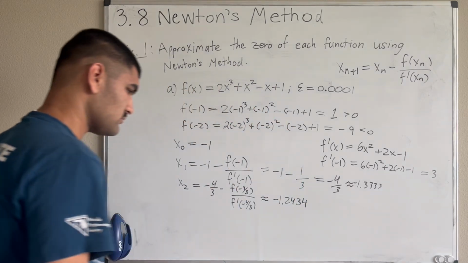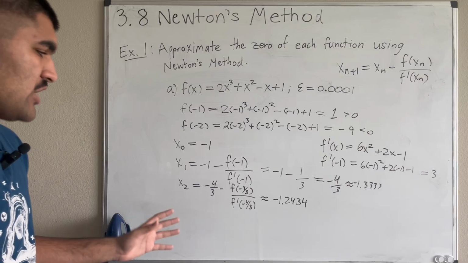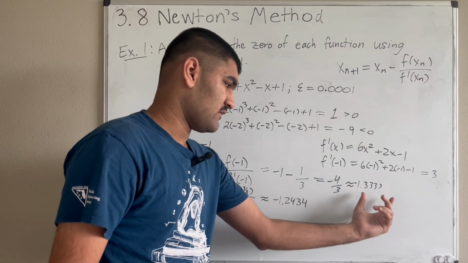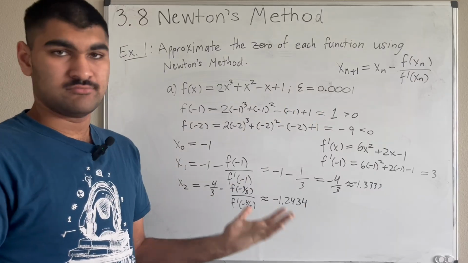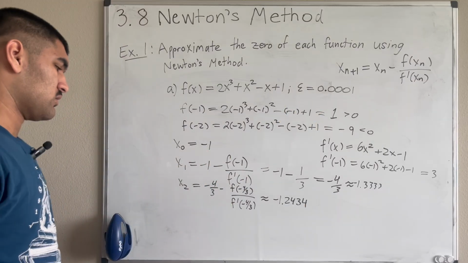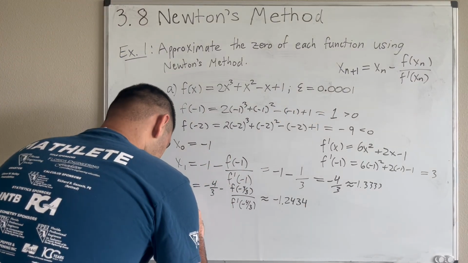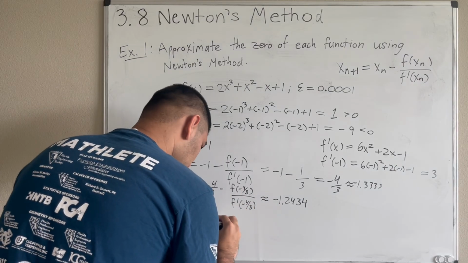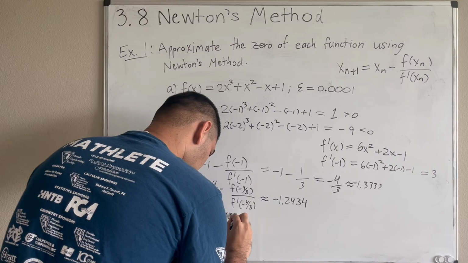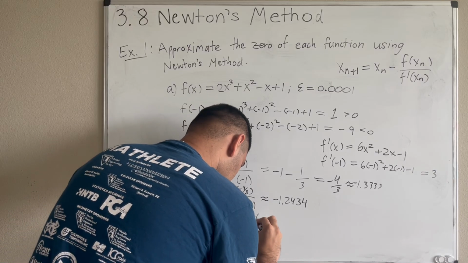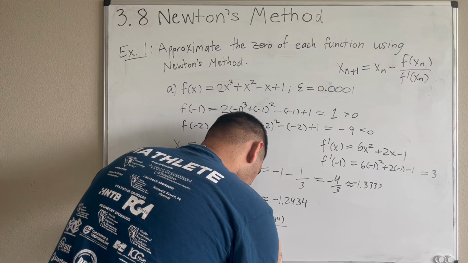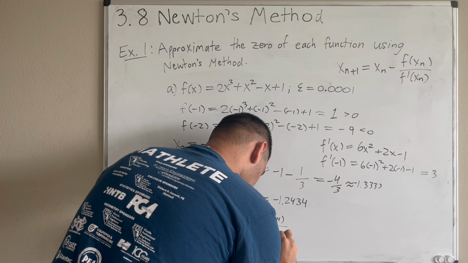Again, let's stop and check. Is the absolute value difference between this and this less than our epsilon? No, it isn't. So we have to keep on going. So x3 is equal to x2, so -1.2434 minus f of -1.2434 all over f prime of -1.2434.